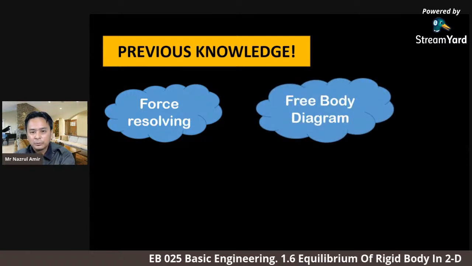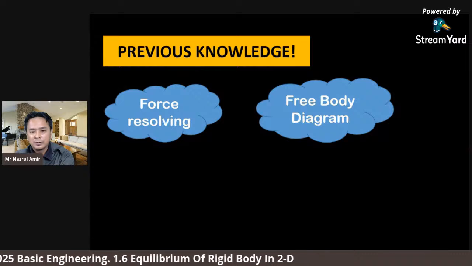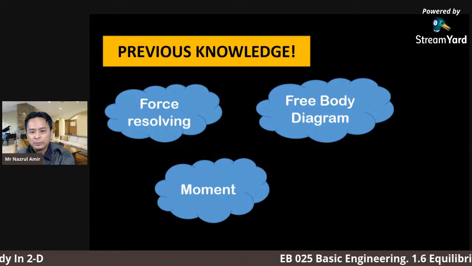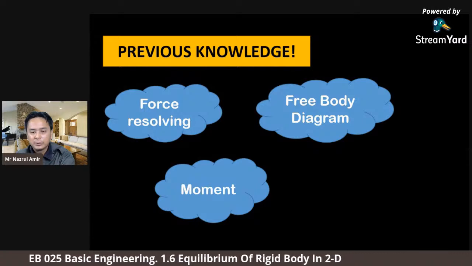Number two, you need the skill or knowledge of constructing the free body diagram of the rigid body. Number three, you need to know how to calculate a summation of moment about a point. This is what you learned before in the subtopic moment.